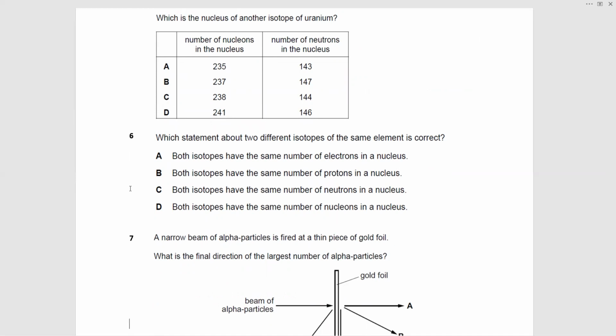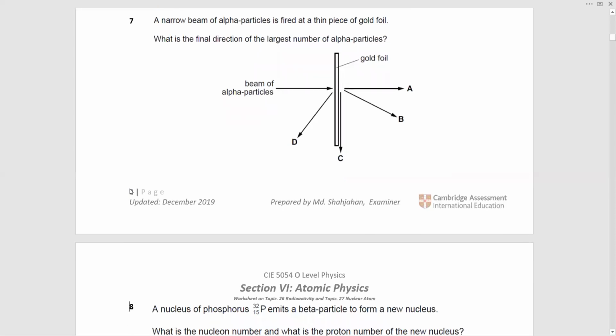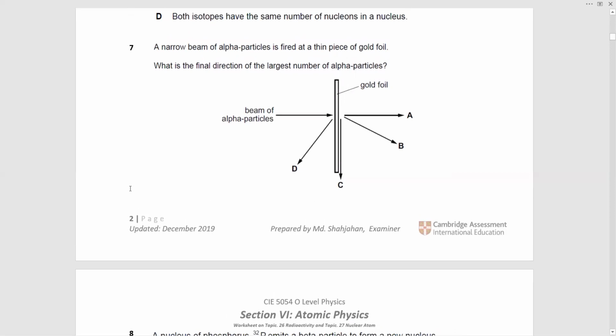B. Both isotopes have the same number of protons in the nucleus. Yeah, it's very simple, right? Then seven. Sir, A. Correct.